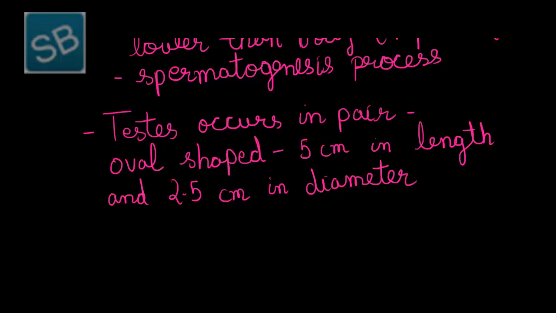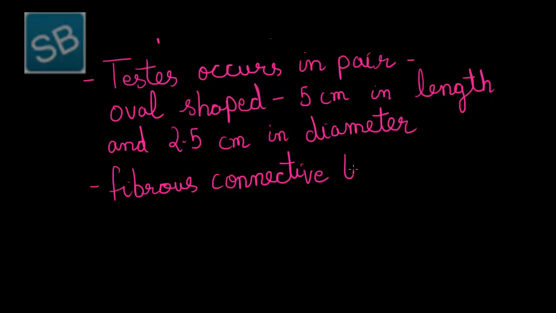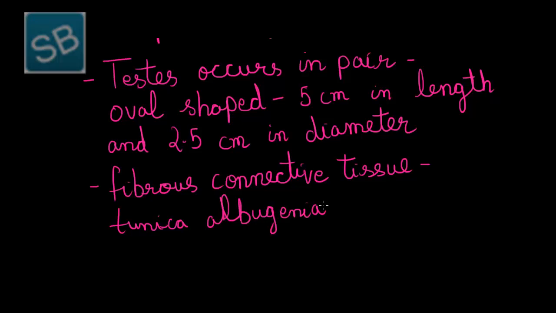A fibrous connective tissue called the tunica albuginea surrounds each testis. The tunica albuginea, that is the fibrous connective tissue, cannot be considered a part of the testes, but is included within the male reproductive system because it surrounds the testes.